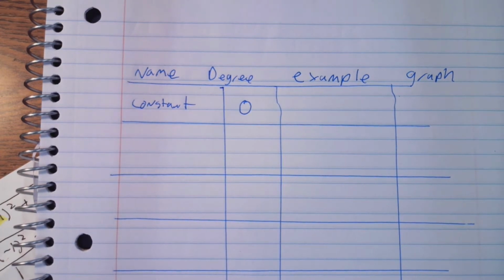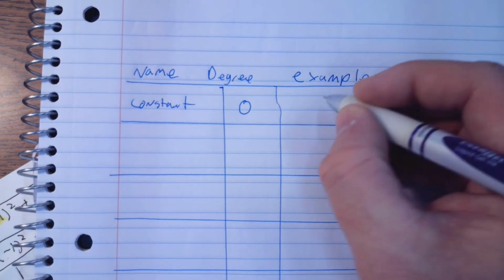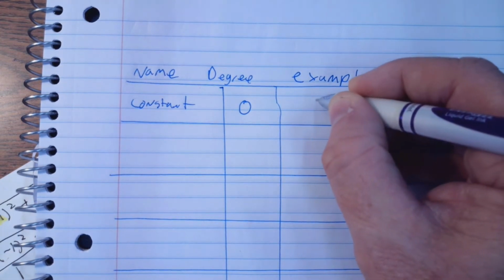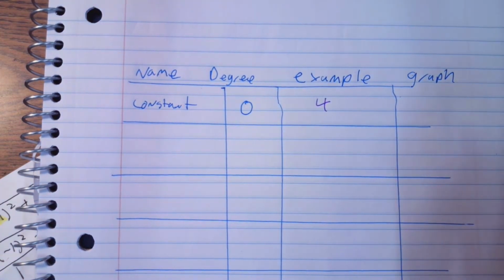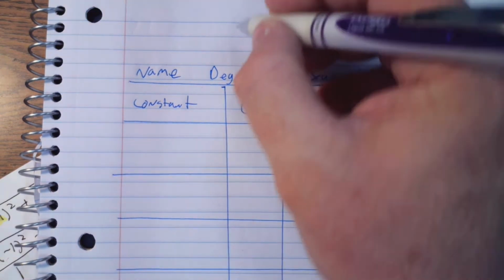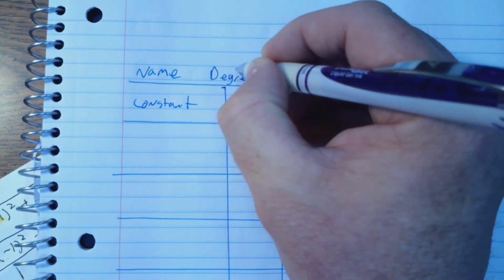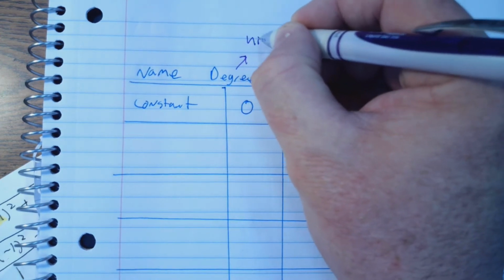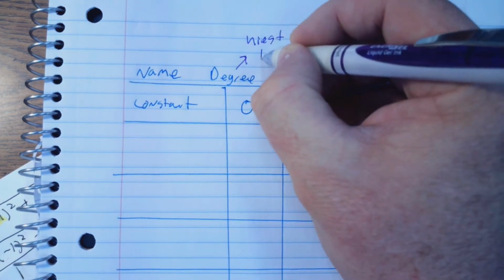And I really needed this pen to work. So that's fine, we'll use this. An example of a constant would be 4. And the graph would look like, well, it would just be a point. Another thing for degree, what degree means is the highest power.